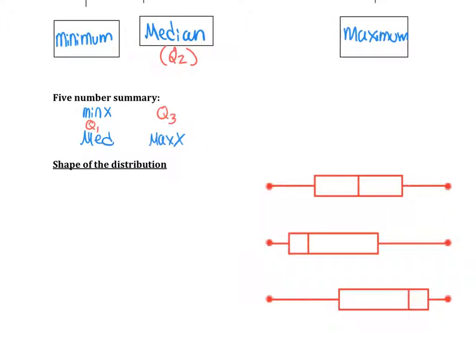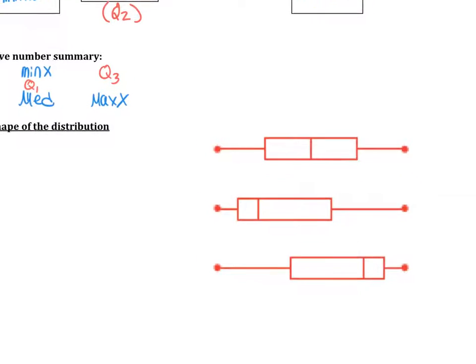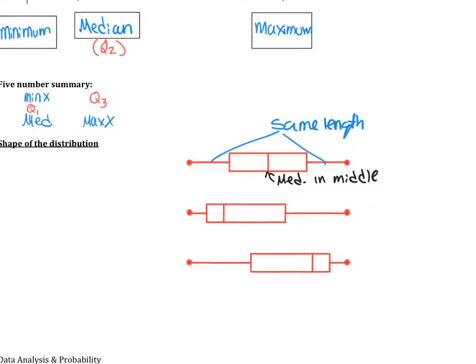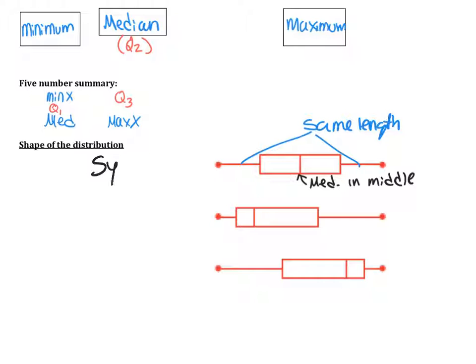All right, so determining the shape of a distribution from a box plot. If we have the whisker part of our box plot here, if these are about the same length, and the median is towards the middle of the box, then this is symmetric or normal.